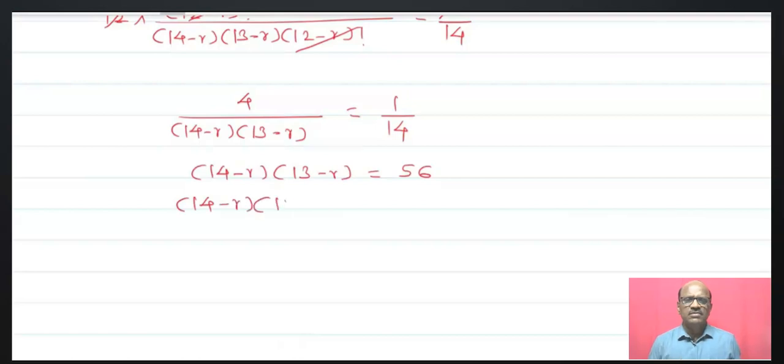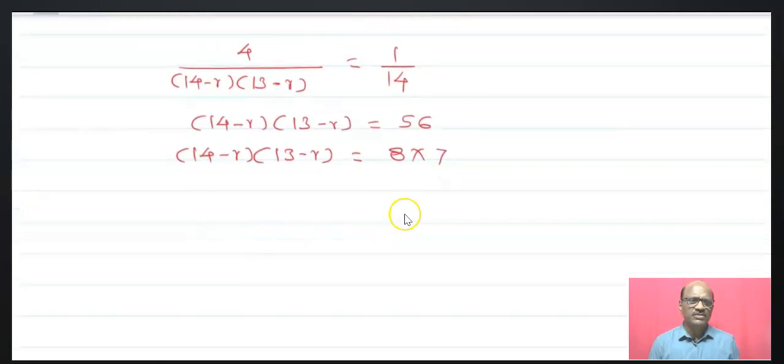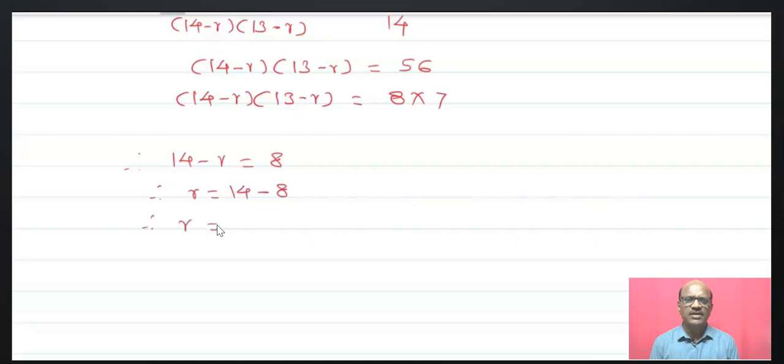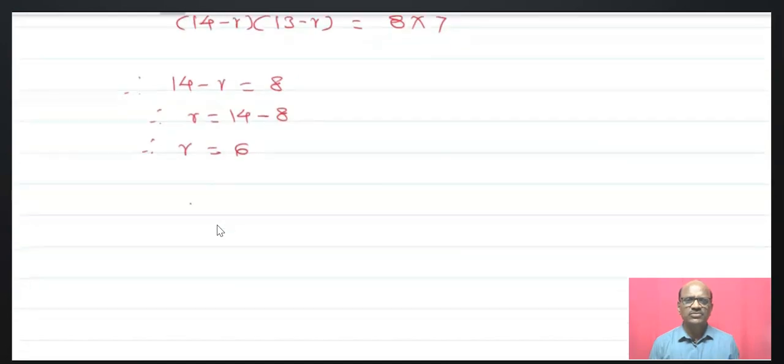Now we'll simplify this. 56 can be written as two consecutive terms whose product is 8 into 7, and the bigger one is 14 minus r, that is equal to 8. Therefore r is equal to 14 minus 8, that is, r is equal to 6.